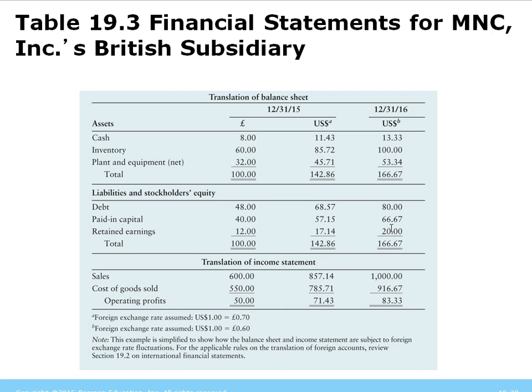For the financial statement of a foreign company, we would translate the balance sheet, so we could have assets in British pounds, and then we could have US dollars, and then combined.